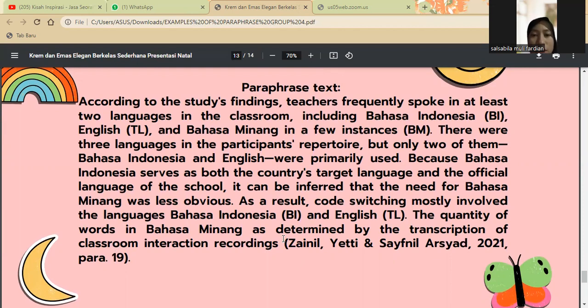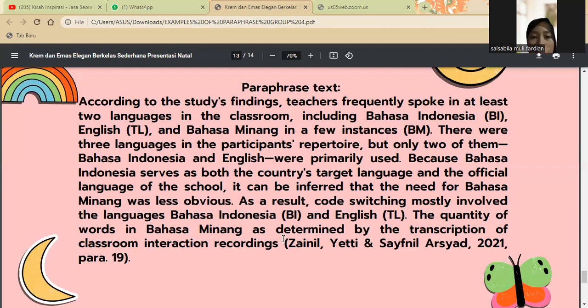There were three languages in the participants' repertoire, but only two of them, Bahasa Indonesia and English, were primarily used. Because Bahasa Indonesia serves as both the country's national language and the official language of the school, it can be inferred that the need for Bahasa Minang was less obvious. As a result, code switching mostly involves Bahasa Indonesia and English.